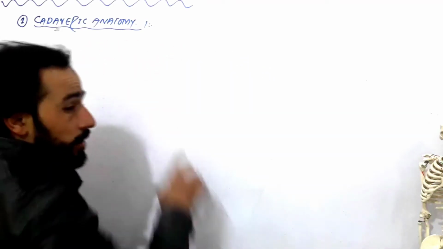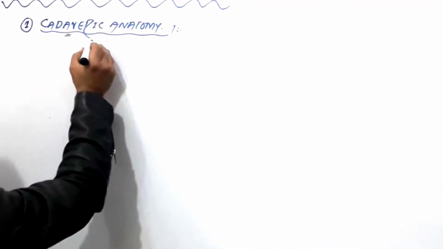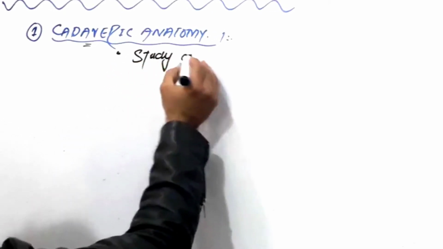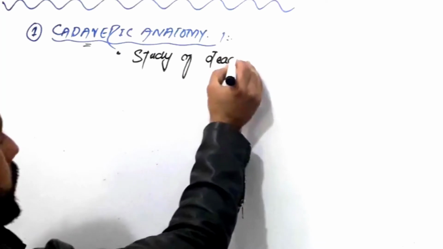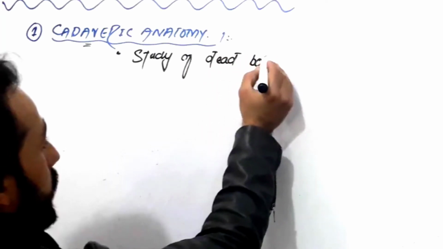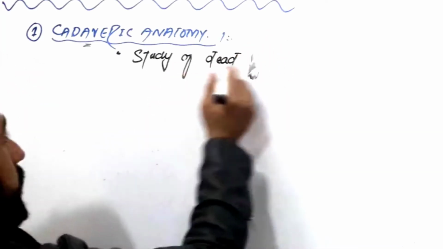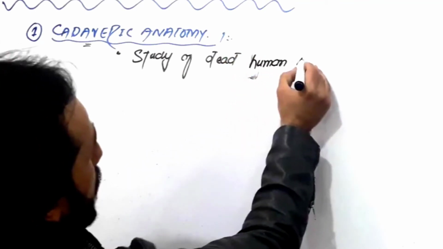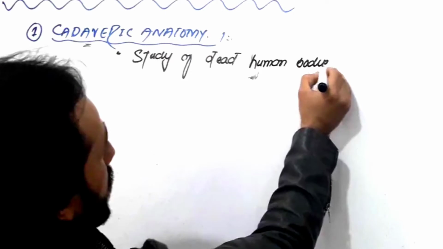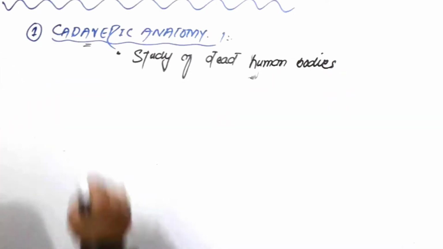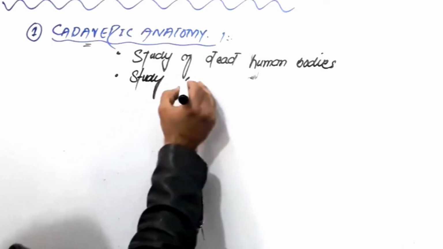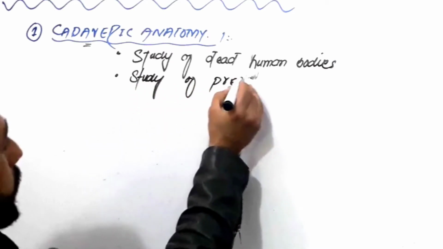I will write shortly, not all the points. So we say study of dead bodies, or completely, study of dead human bodies. It's called cadaveric anatomy, or you can say study of preserved bodies.